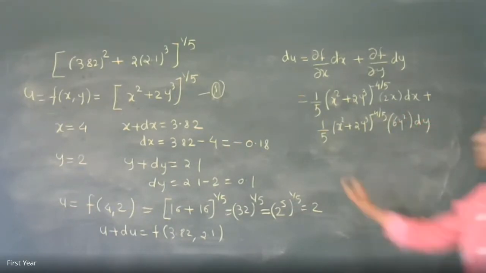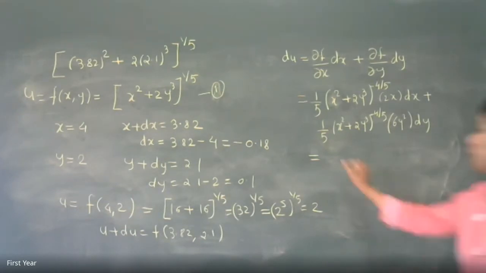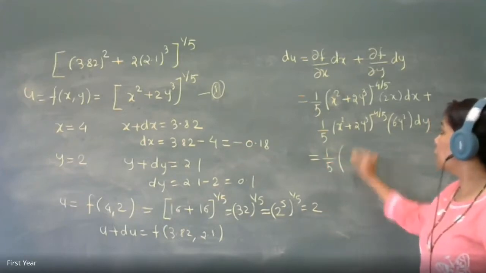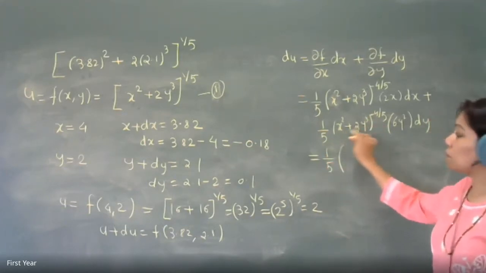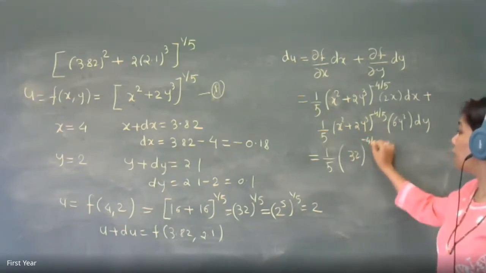And therefore, what's your answer? Do this calculation and tell me. Put all the values. You know what is x, you know what is y, you know what is dx, you know what is dy. Put all those values. Those are 1 by 5, and this I write down. This was how much? 32, na? 32 raised to minus 4 by 5.